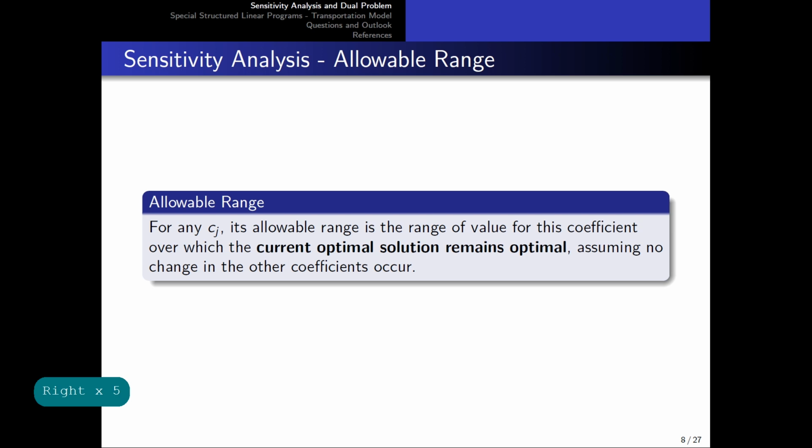The question now is, when we go through these parameters, starting with the performance parameters, how much can these vary until our optimal solution would change? Or in other words, how much can we vary them and still have the optimal solution that we have calculated?